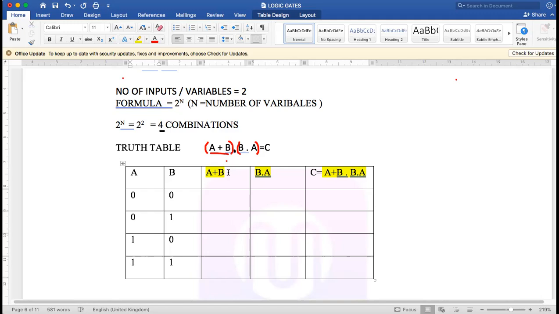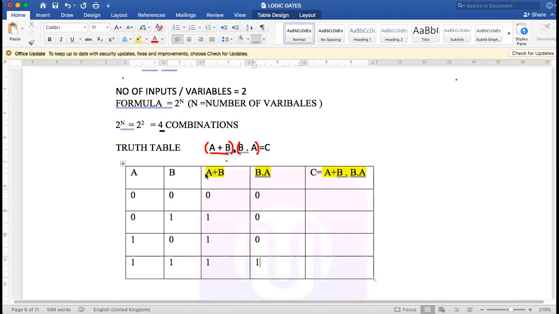Now we are going to perform OR gate. So 0 plus 0 is 0. 0 plus 1 is 1. 1 plus 0 is 1. 1 plus 1 is 1. Great. Now we are going to perform AND gate. 0 zeros are 0. 0 ones are 0. 1 zeros are 0. 1 ones are 1.